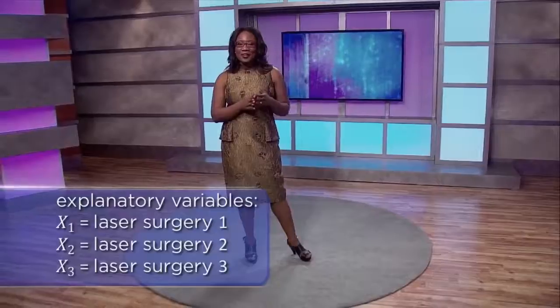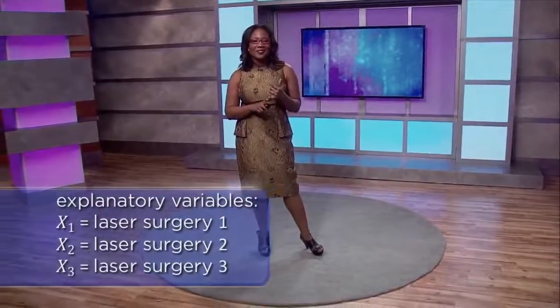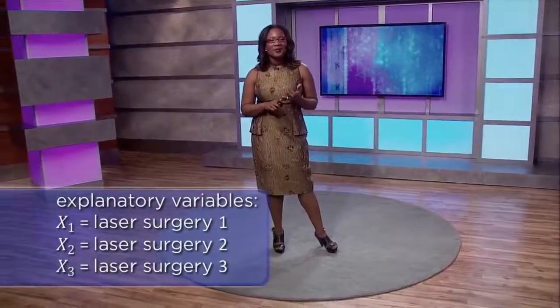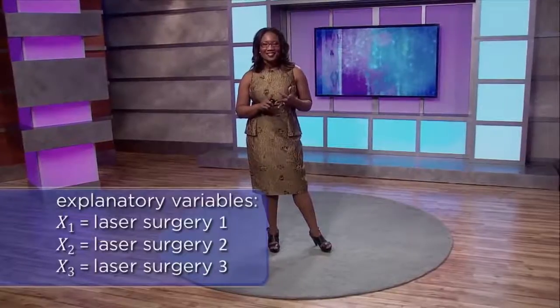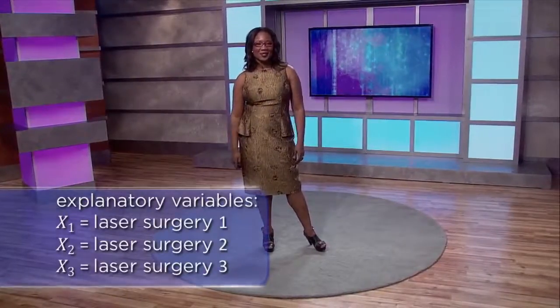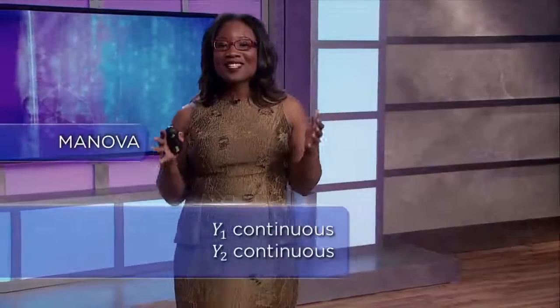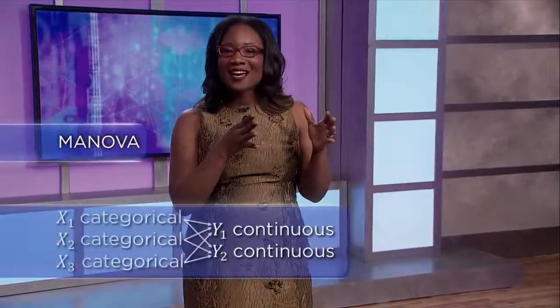And our explanatory variables, X1 is laser surgery 1, X2 is laser surgery 2, and X3 is laser surgery 3. Now, which one would you use? ANOVA, ANCOVA, or MANOVA? Well, hopefully you guessed MANOVA here, because notice we've got 2 continuous Y variables, and we've got categorical X1, X2, and X3.